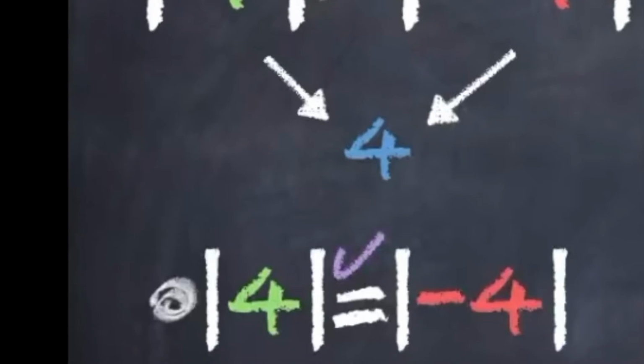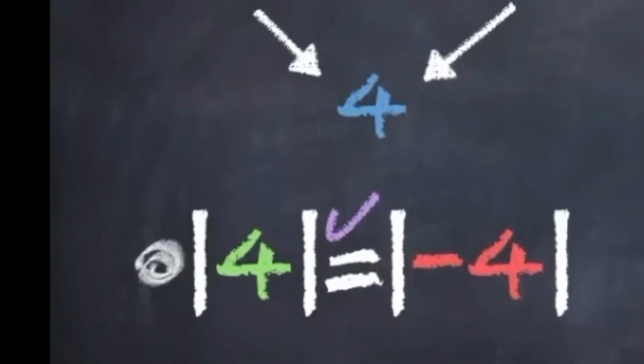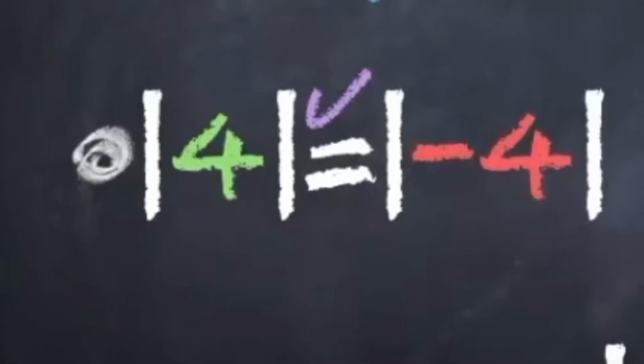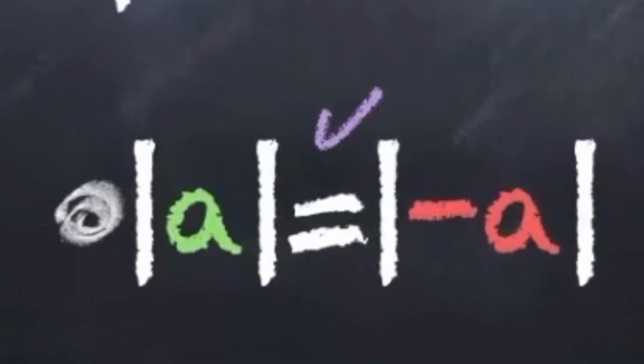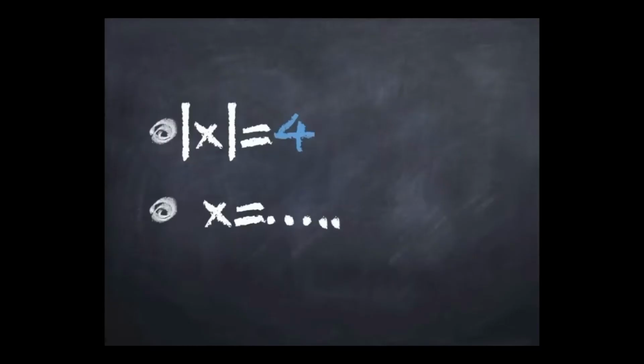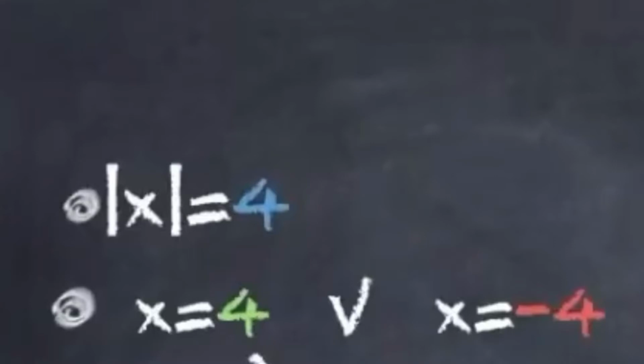So we can write the absolute value of 4 equals the absolute value of negative 4. And in general, the absolute values of two opposite numbers are equal. For example, if you are asked to solve the absolute value of x equals 4, so what is the value of x? Definitely they are 4 and negative 4.